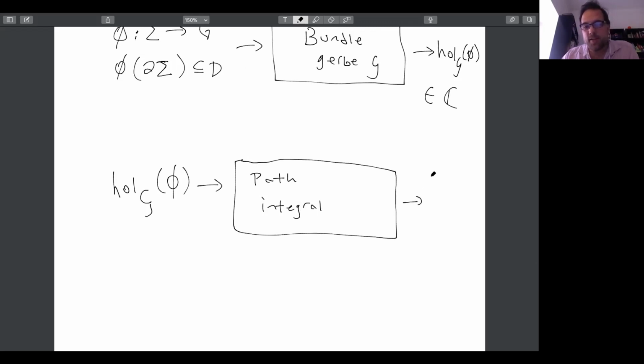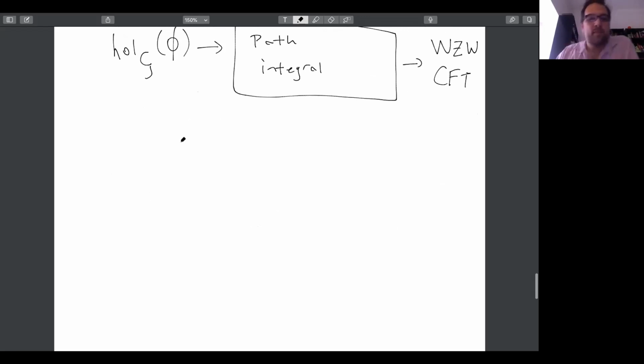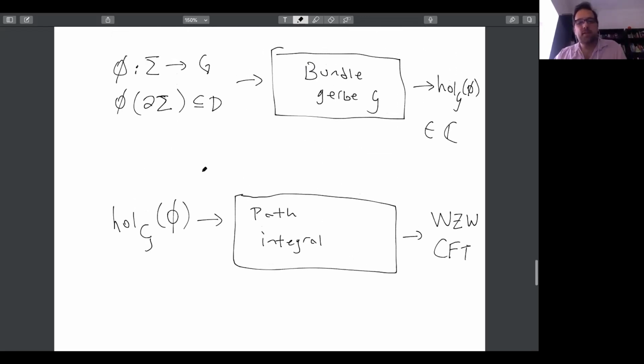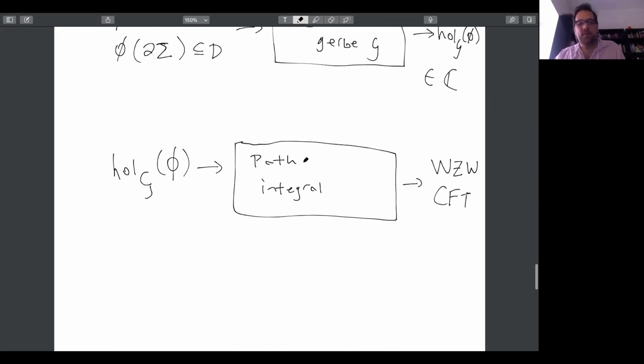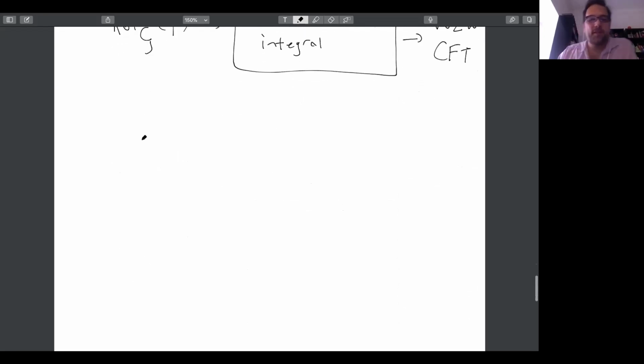And you get the Wess-Zumino-Witten CFT. But I'm here to tell you about the first black box, about bundle gerbes. So what is a bundle gerbe? Let's get into the definition. Are there any questions at this point?